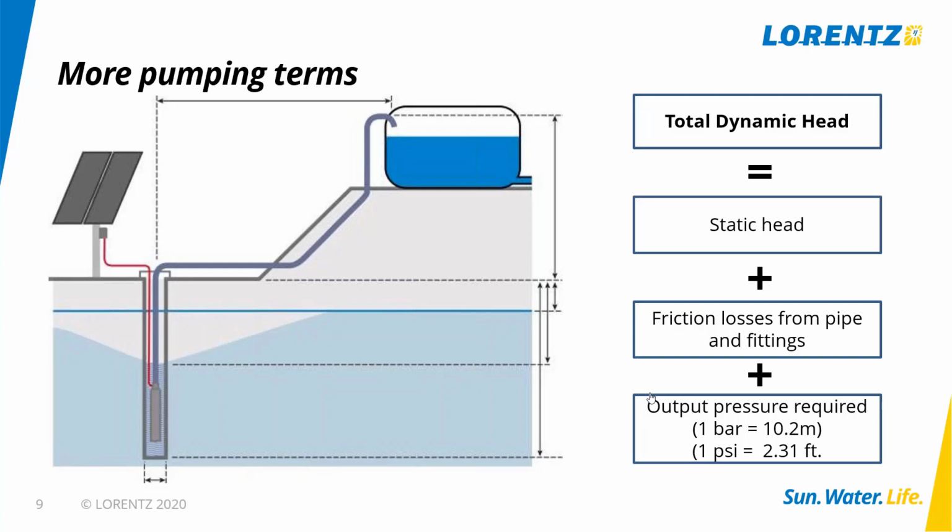So for example, if our requirement was to go into an irrigation system and we maybe need 1.5 bar of pressure to run a sprinkler, we would add on a pressure requirement here. So we would add 15 meters of static head to give us 1.5 bar of pressure, for instance.